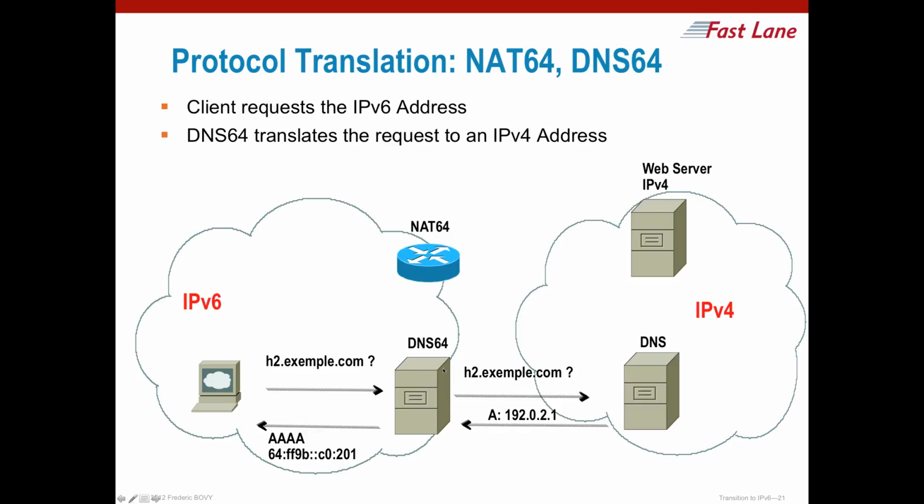If the DNS64 cannot find an IPv6 address but only IPv4, it is going to translate this IPv4 address to an IPv6 address using the well-known prefix 64:FF9B, and then C0 is 192, so we find C0 00 02 01, which is actually the IPv4 address coded in IPv6.